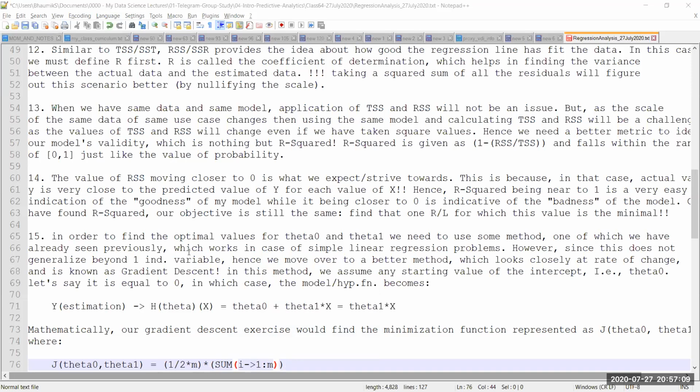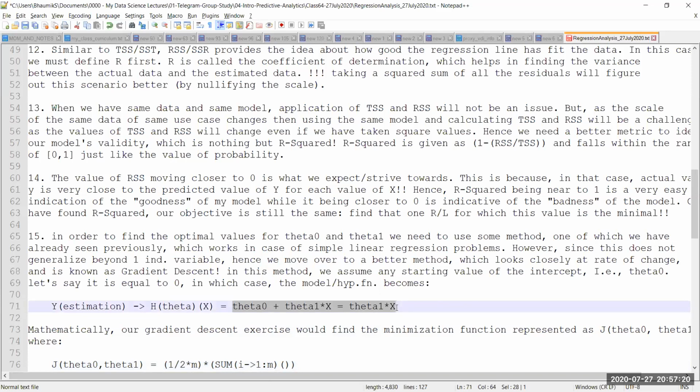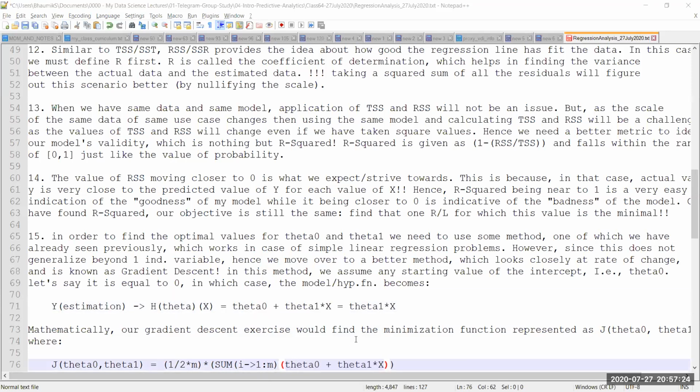Just a moment, I think Sarangs is trying to join, so let me add him. So this bracket becomes this. This is my hypothesis, and I'm trying to minimize it. And then what I am saying is that why not take a square?